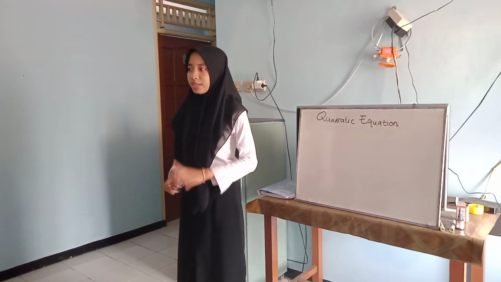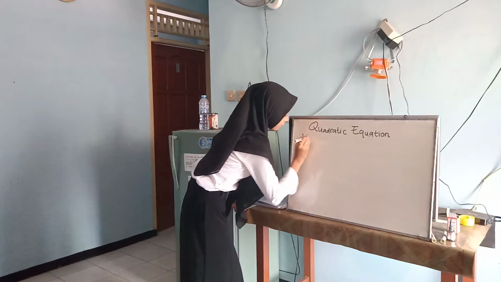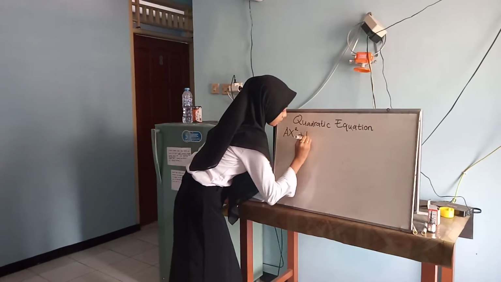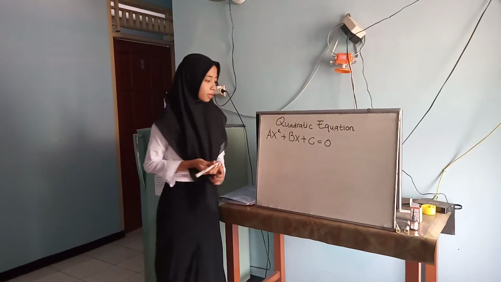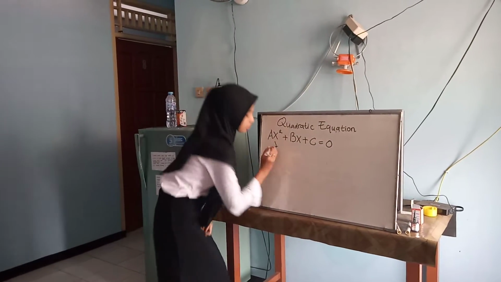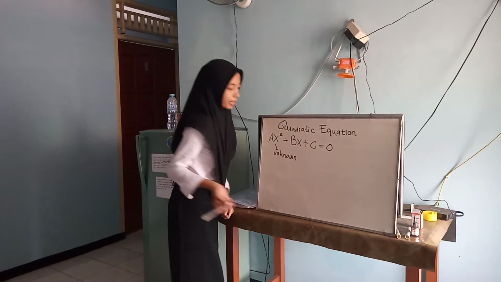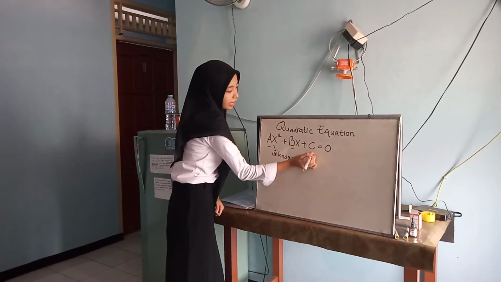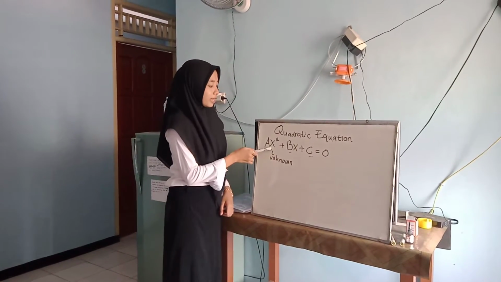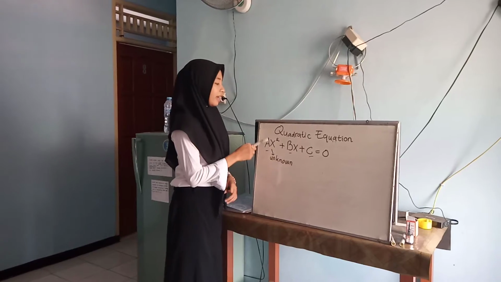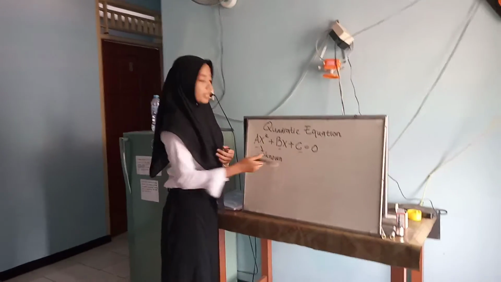A quadratic equation is an equation that can be rearranged in the form ax squared plus bx plus c equals 0, where x is the unknown variable and a, b, and c are coefficients. a is the coefficient of x squared, b is the coefficient of x, and c is the constant.